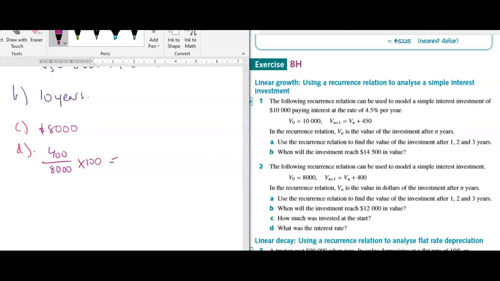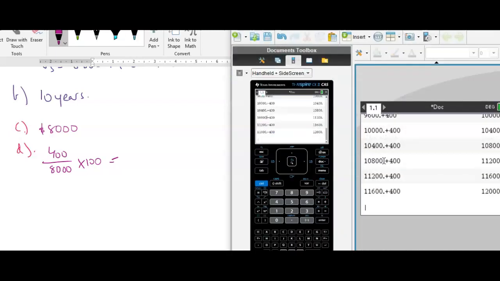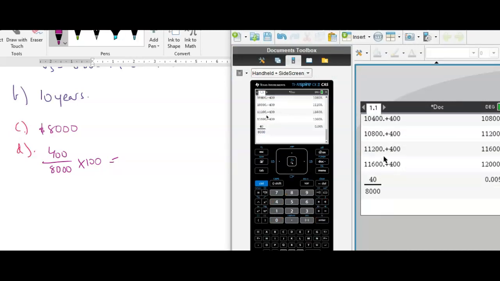You could probably do that without a calculator, but let's do it on the calculator. 400 divided by 8,000.